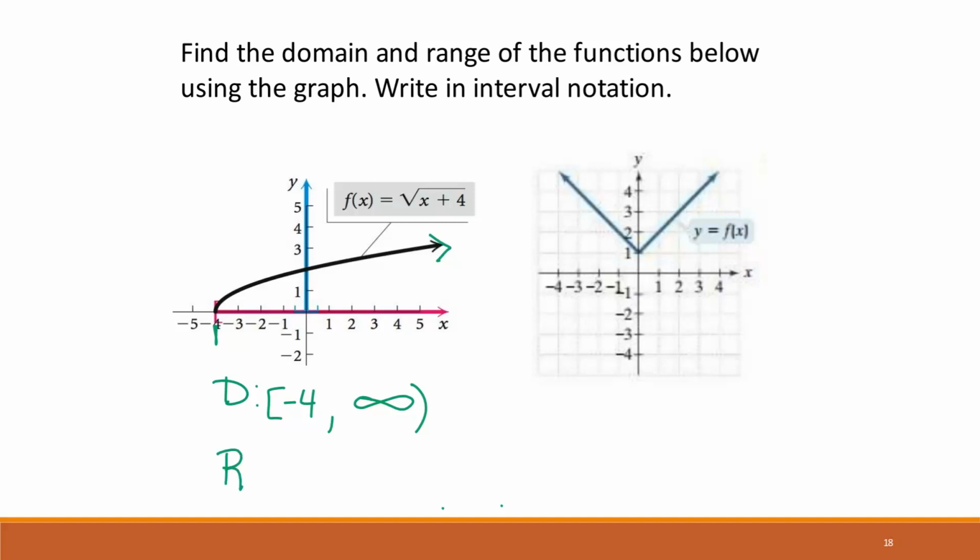So when we're looking at the range here, we see that when we're going from bottom to top, we're starting here at 0. And because this is going to continue in an up trajectory the whole time, it is also from our value where we start of 0 to positive infinity.